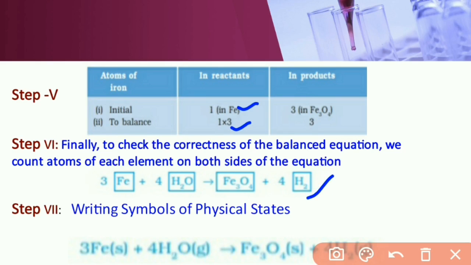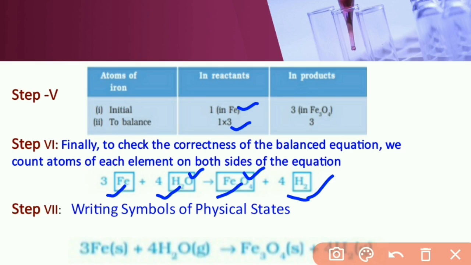And finally check the correctness of the balanced equation: count the atoms of each element on both sides. Here on the LHS side iron is 3, RHS side also 3, and then hydrogen is 8 on the LHS side and also 8 on the RHS side. Then oxygen is 4 on the LHS side and also 4 on the RHS side. So the number of atoms on both sides, product and reactant side, are equal.